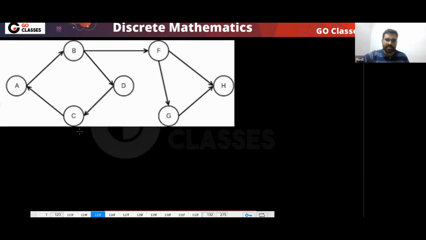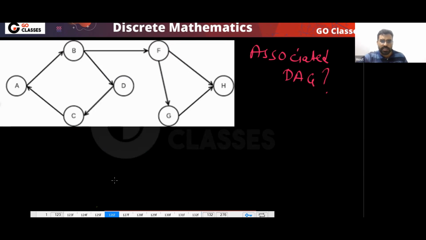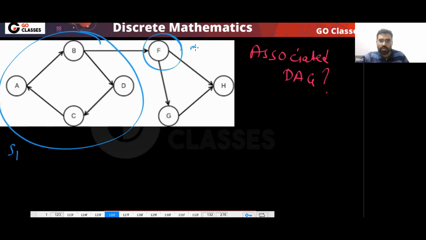Next, what about this? Find the associated DAG. Again, you can notice that this is the strongly connected component S1, this is S2, this is S3, and this is S4. So what is the associated DAG?